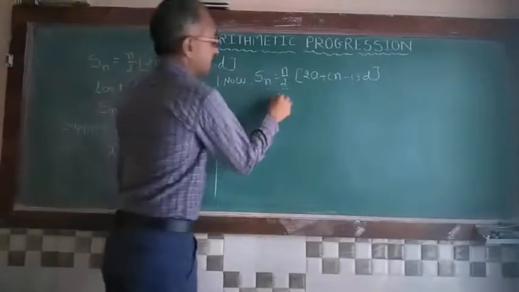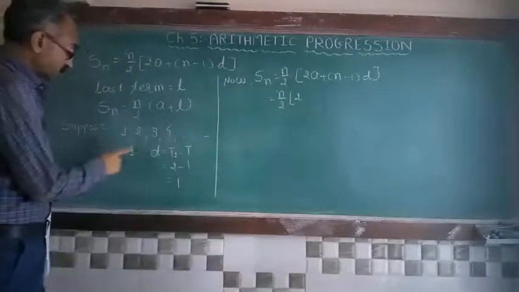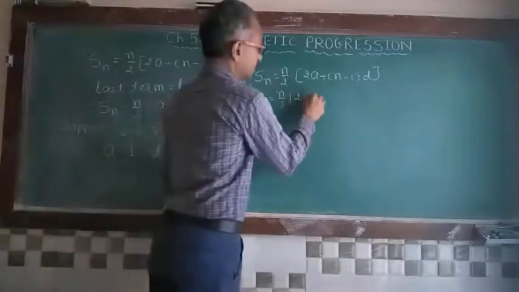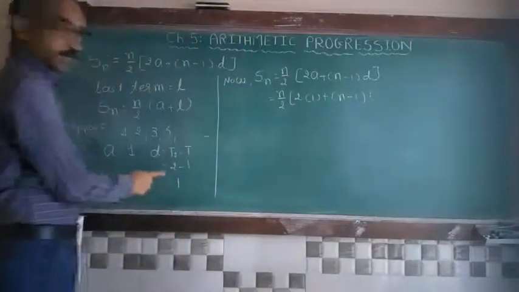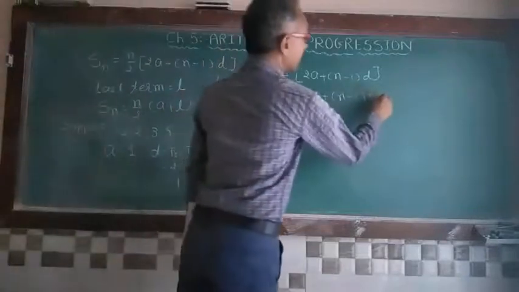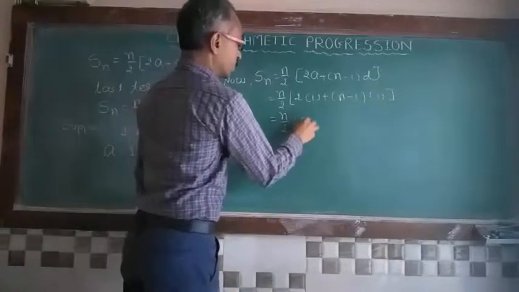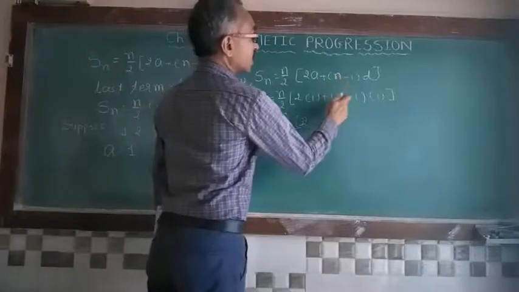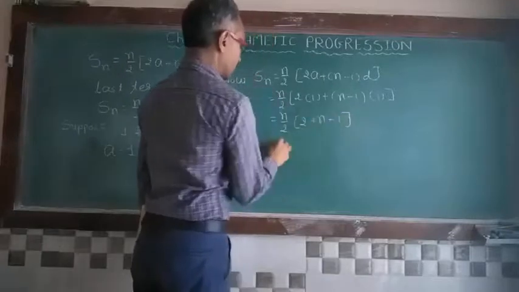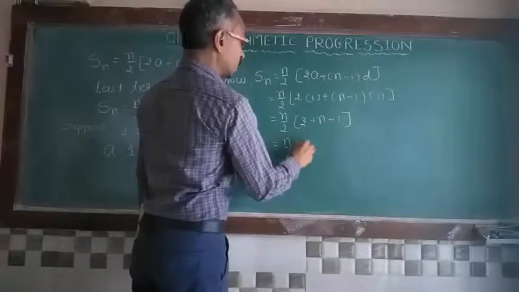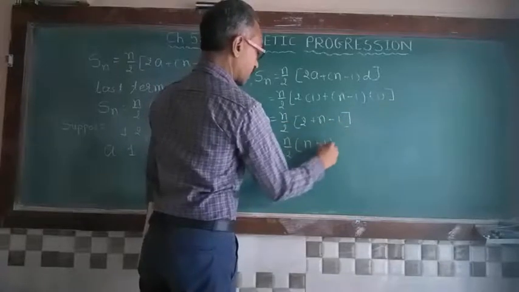That means n by 2 into 2 into a, where a is your first term, that is 1, plus n minus 1 into d, where d is 1. So put here 1. Okay, here n by 2, 2 ones are 2, plus n minus 1 into 1, that is n minus 1. So n by 2 into n, 2 minus 1, that is plus 1.